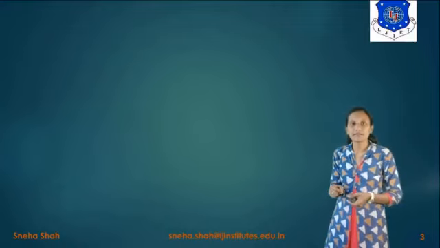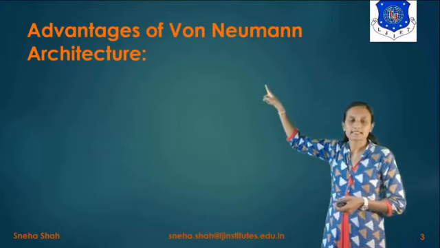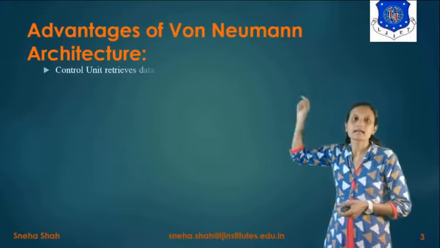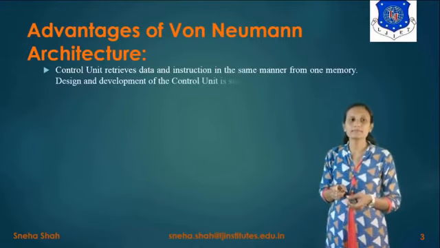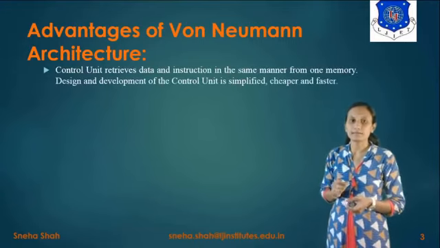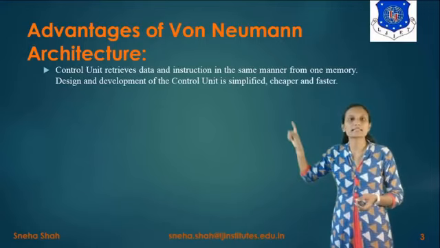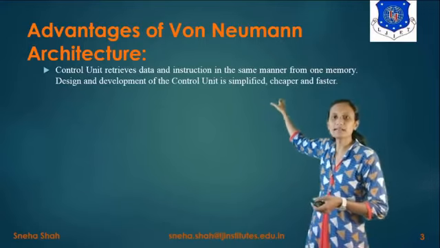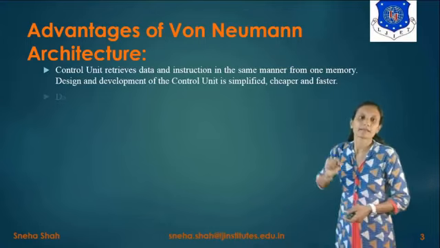Now, defining the advantages of Von Neumann architecture, the first advantage is that the control unit retrieves the data and instructions in the same manner from one memory. So it fetches the data from one memory only, and the design and development is simplified, cheaper and faster.